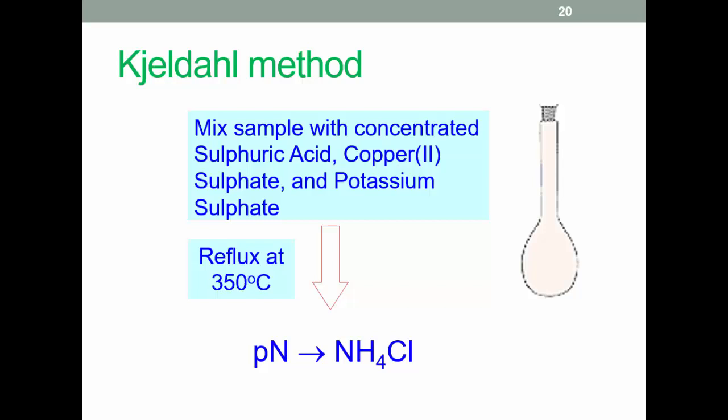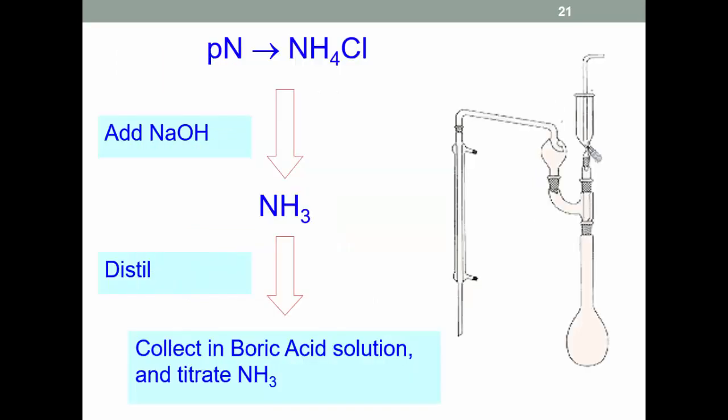These are pretty extreme conditions. We're taking sulfuric acid. We've got a couple of catalysts in there. Copper, potassium sulfate, which increases the boiling point of sulfuric acid to 350 degrees centigrade. And this converts all the protein nitrogen into inorganic nitrogen as ammonium chloride, NH4Cl. Excess sulfuric acid is then neutralized with sodium hydroxide.